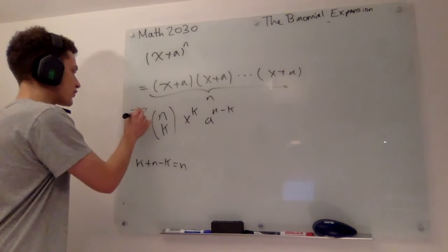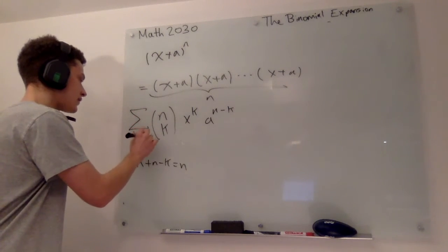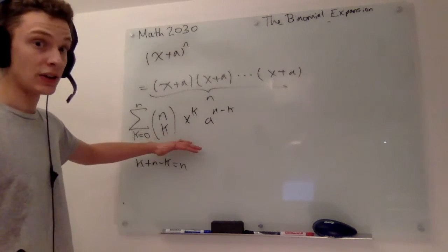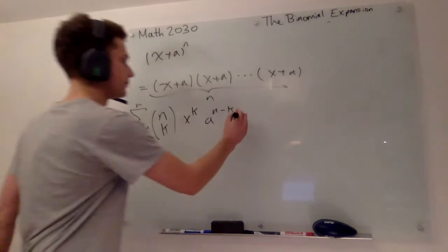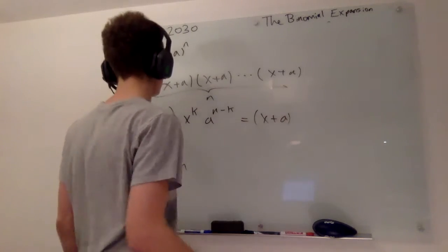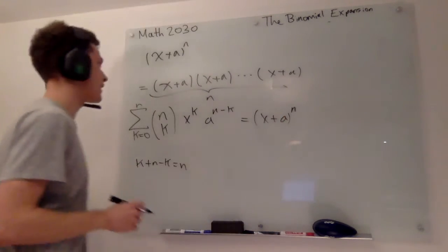By the rule of sum, what we're really doing is summing over all k's from 0 to n. And this is our final expression. This is our binomial expansion. In fact, we have just outlined a proof for a formula of x plus a all to the power of n.